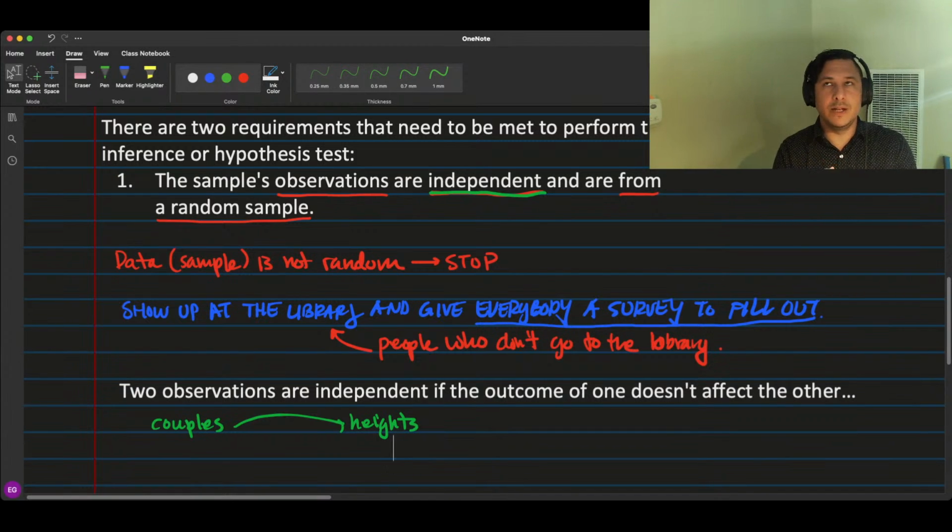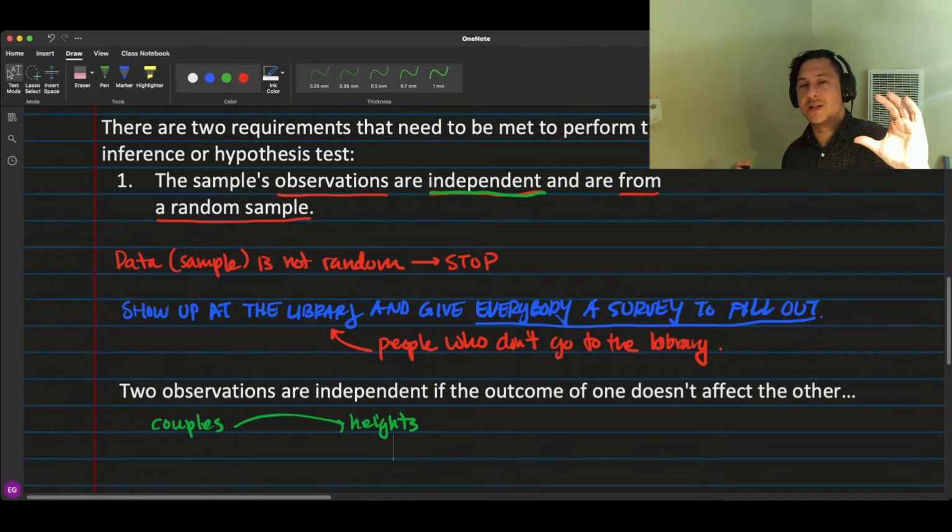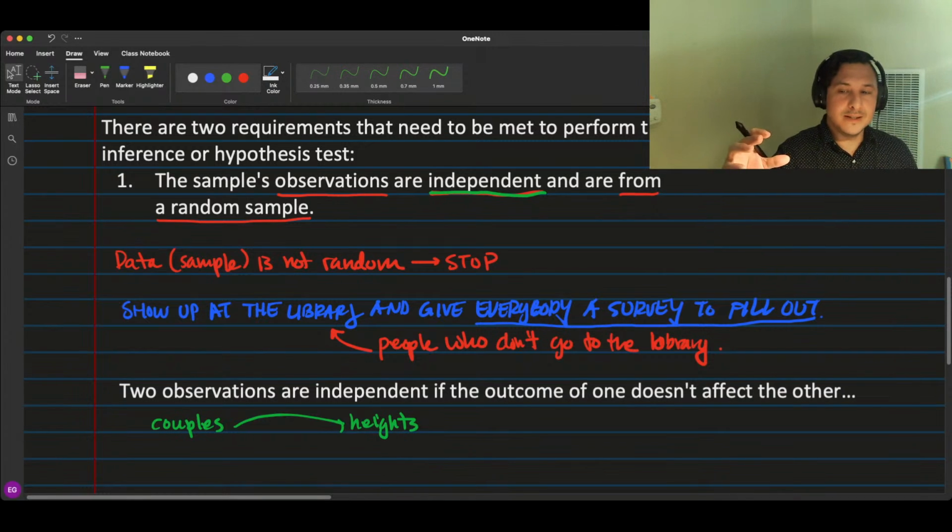If the male in the relationship is tall, what might you be more likely to see about the female? Actually, I would not quite say very short. I mean, because obviously there's a height differential between men and women.